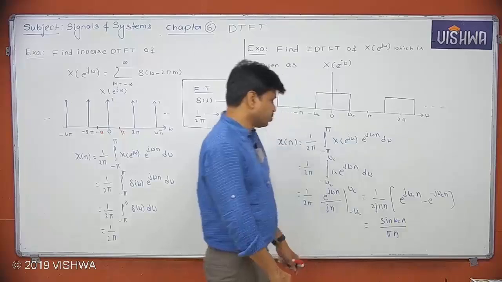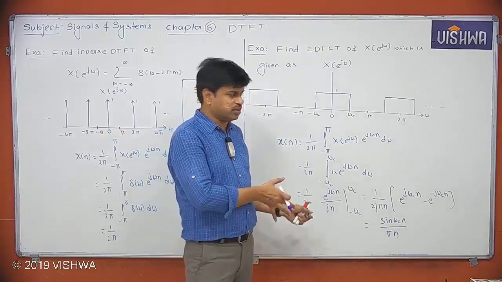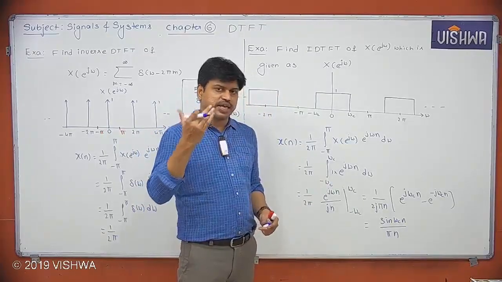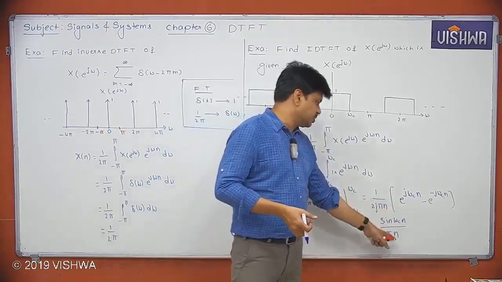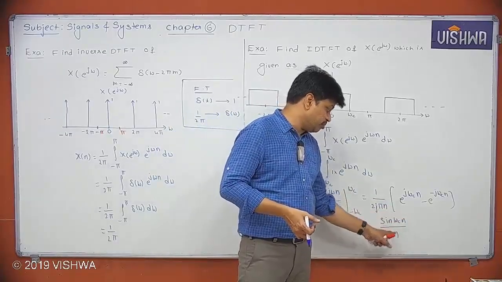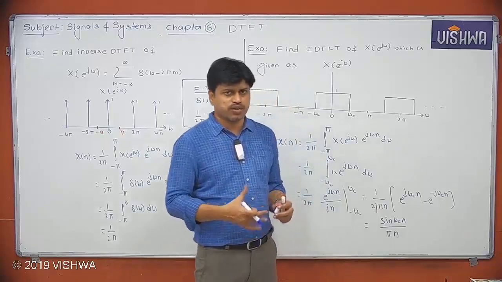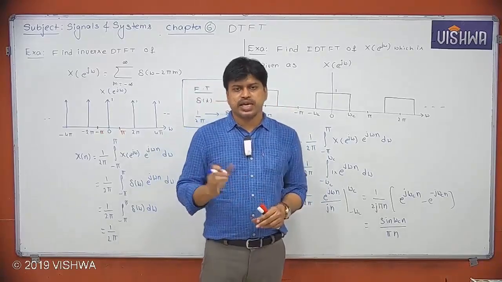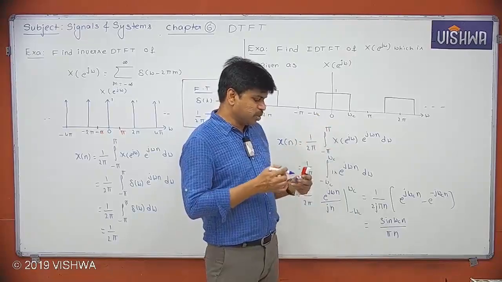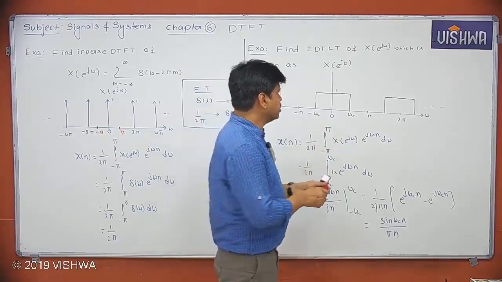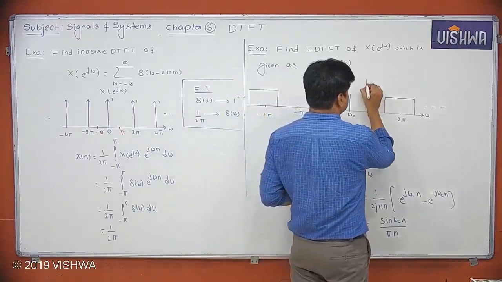I told you, you get exactly the same kind of expression, sin at by pi t, where a is omega c and t is replaced with n: sin omega c n by pi n. We have seen in the Fourier transform that sin at by pi t indicates a low pass filter, so this also indicates a low pass filter. Remember, this is a low pass filter.